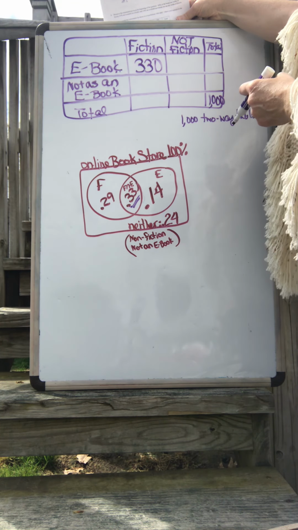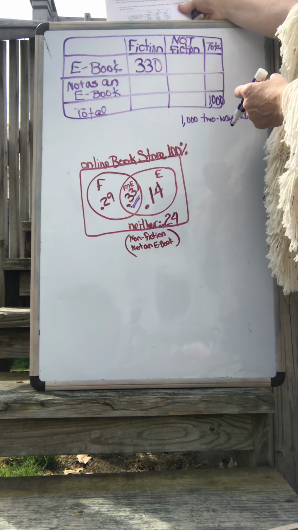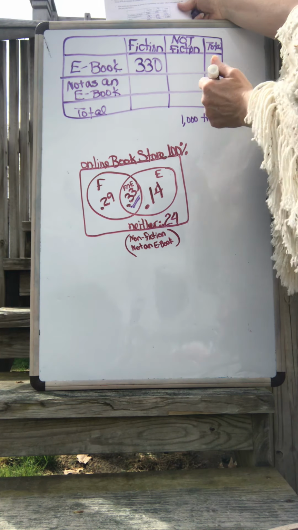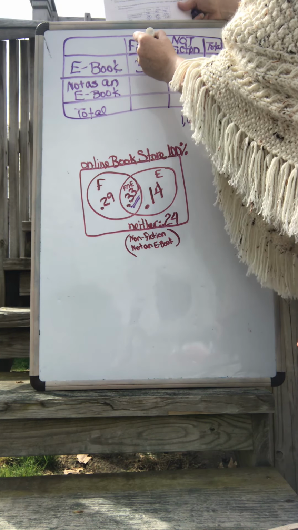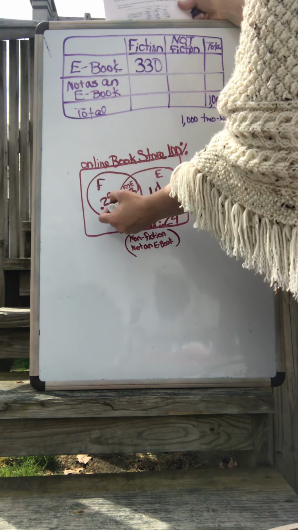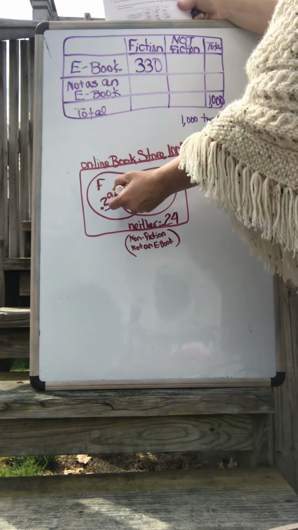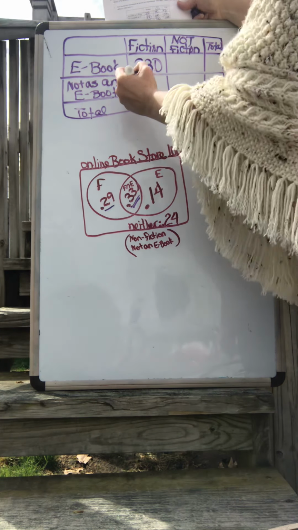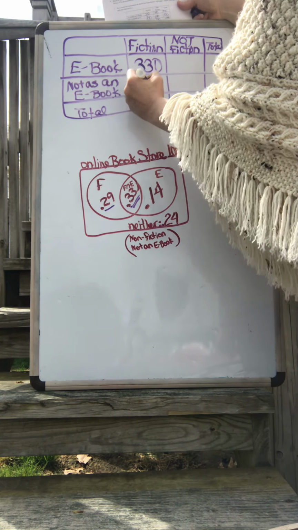The second thing that I'm going to look at is where it says I'm a work of fiction, but I'm not an ebook. Well, that would be fiction only. Fiction only was 0.29. 29% times 1,000 is 290.